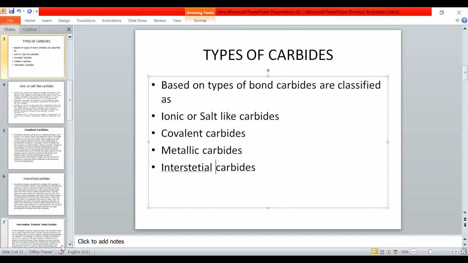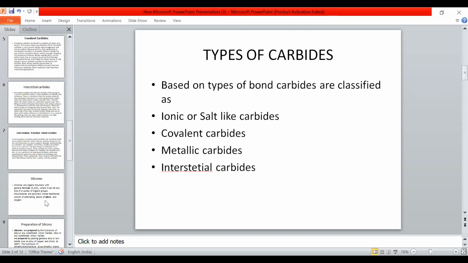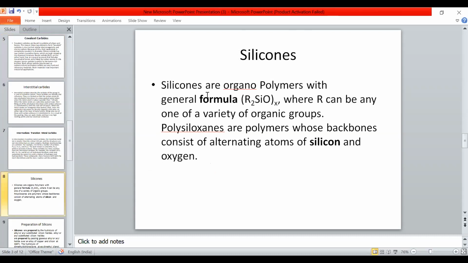Next, after carbides, we have another group of compounds called silicones. Silicones are organopolymers. When silicates react with any alkali metal, any alkane or alkyl group, they are called silicones.